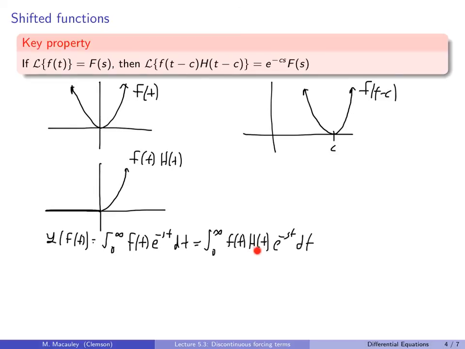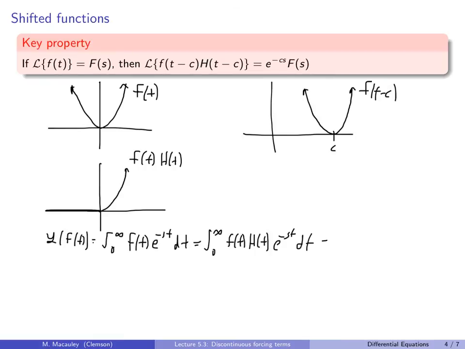Multiplying by the Heaviside function is just multiplying by 1, at least for t greater than 0. And since we're integrating from 0 to infinity, it doesn't matter what I'm doing left of the origin. So this chops off our function left of the y-axis, but that doesn't matter because we're integrating from 0 to infinity.